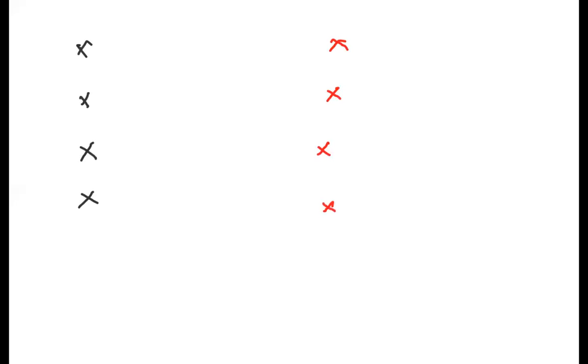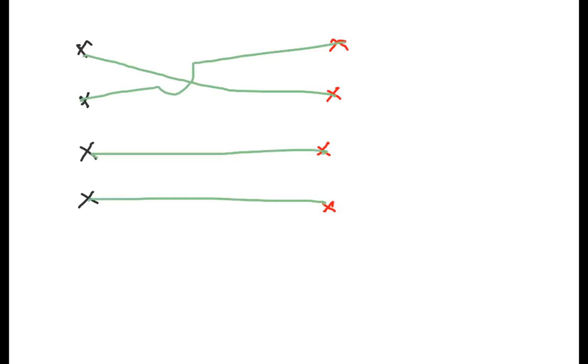The left ones are the psi, and the red ones are the psi bars. And then you have to join them, right? So I'll just give you one possible way of joining them. Here, for this Feynman diagram, there will be 4 propagators, and then you have to take the product of those 4 propagators. Then there are other ways of joining it.